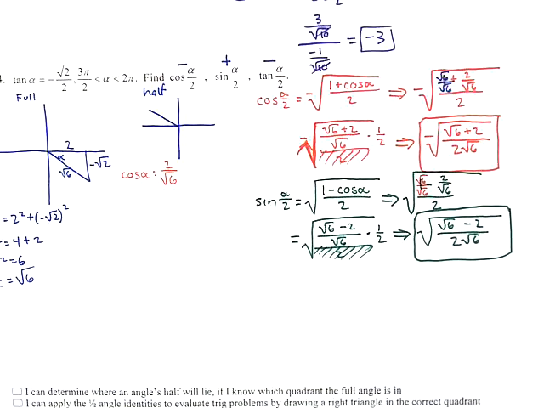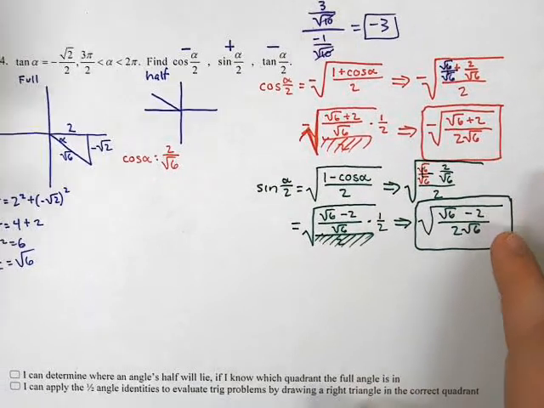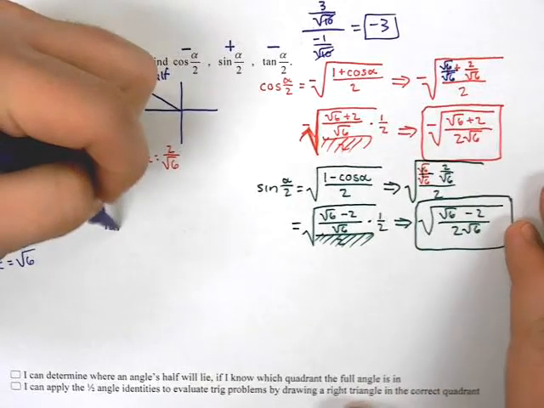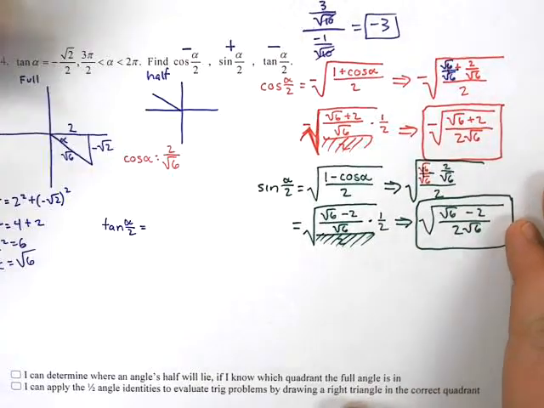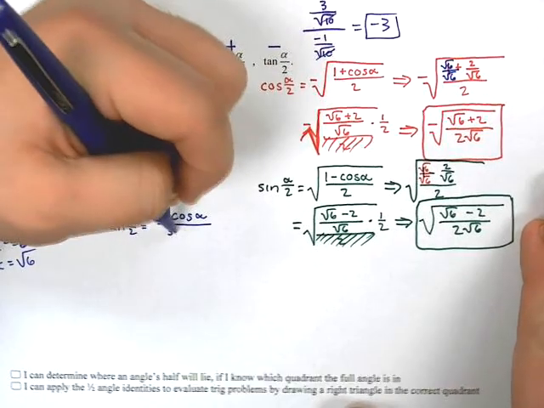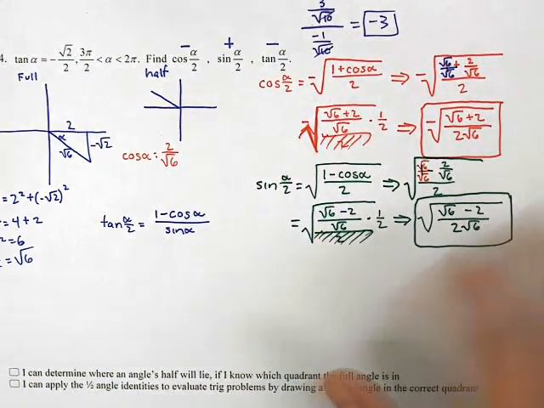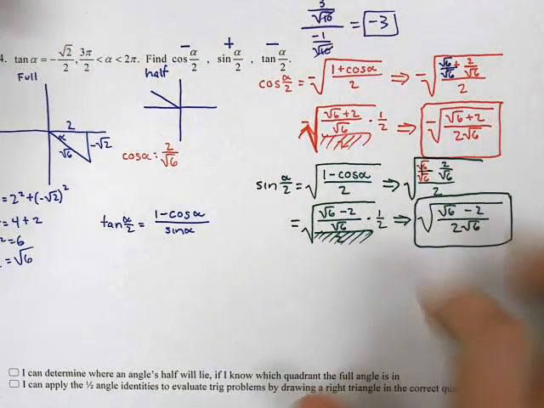All right, so tangent. I'm going to come over here. Oh, okay, so tangent, we like to use 1 minus cosine over sine. All right, well, a couple things. We need sine now. We need the sine.